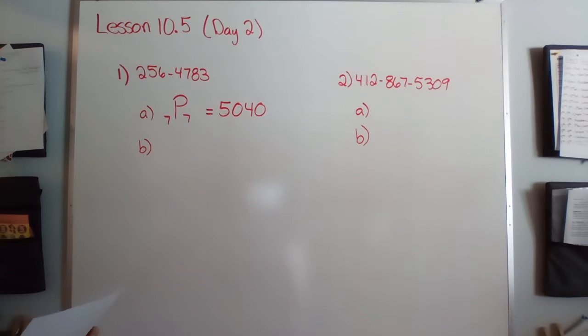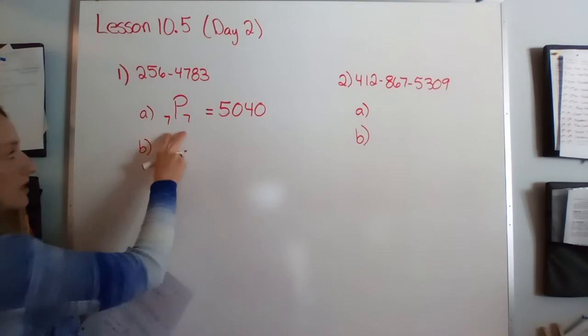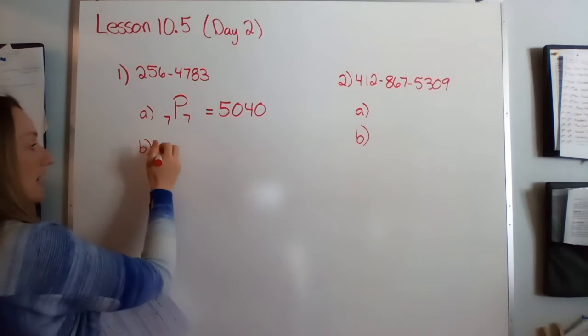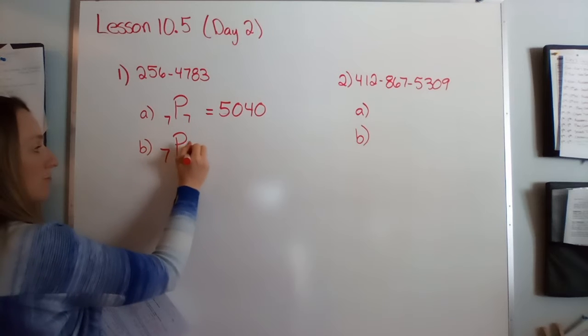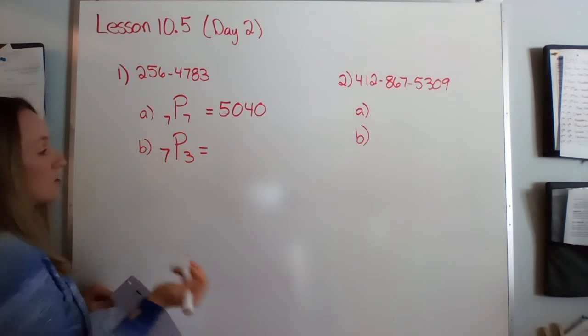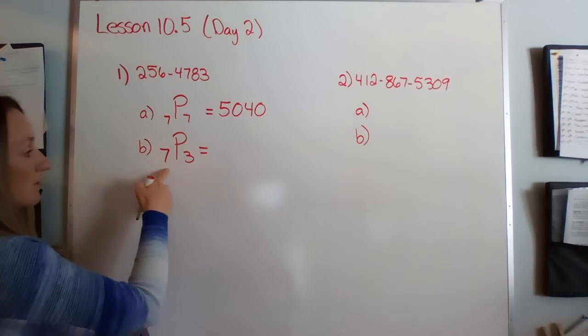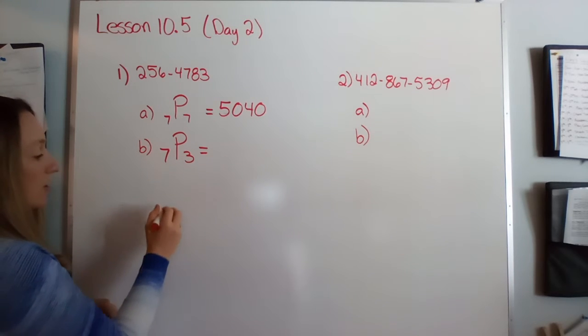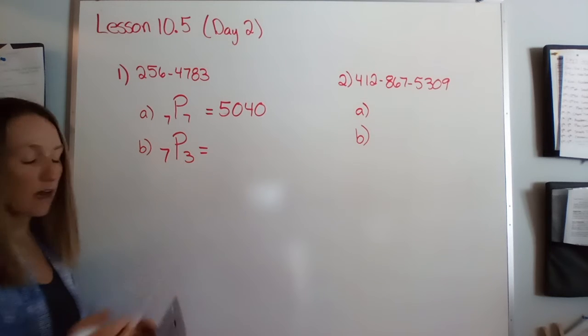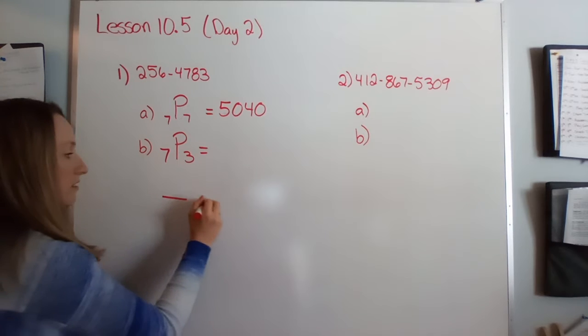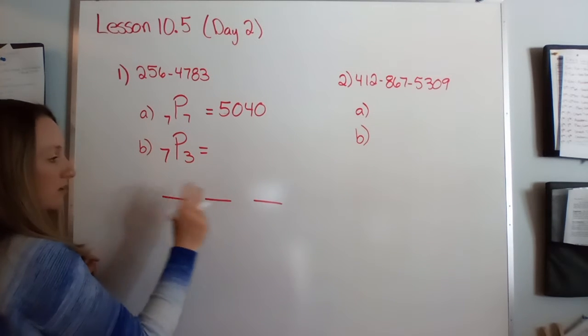Now for part B, how many different ways can you arrange 3 of the numbers in the given telephone number? The formula changes a little bit. It's still a permutation problem. We still have 7 objects, but we're taking 3. We could look at either of them using the fundamental counting principle. If you're arranging the 7 numbers 3 at a time, you have 3 spots for the 3 different numbers you're picking.